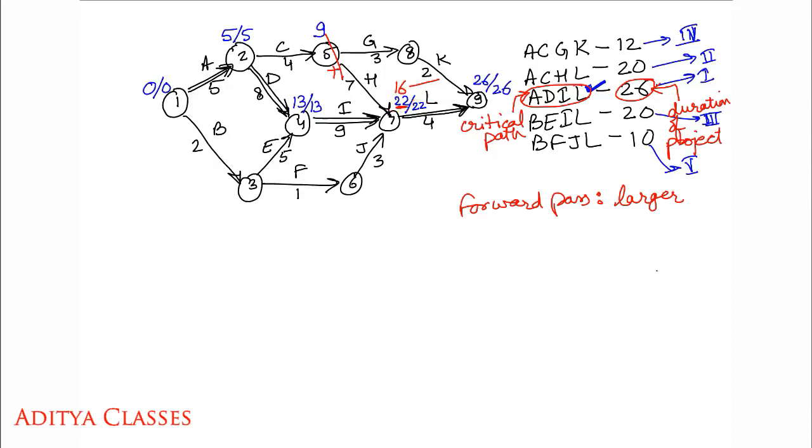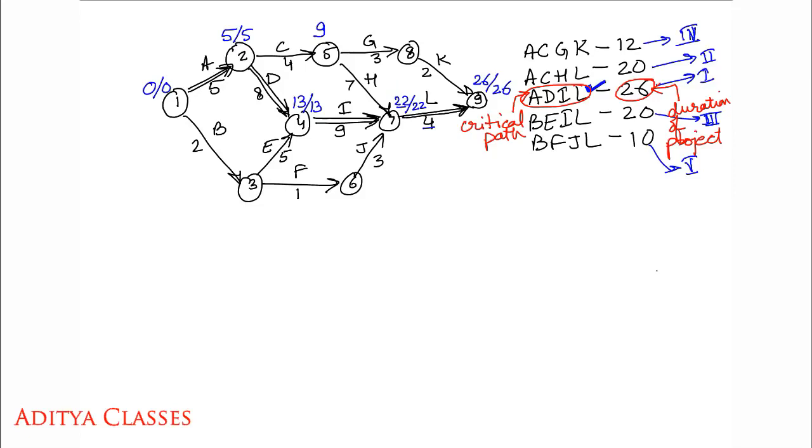So we'll not take 16, rather we'll take 22. 9 plus 7 is 16, but we cannot take 16 because 22 is larger during a forward pass. So we'll go ahead with 22 only.